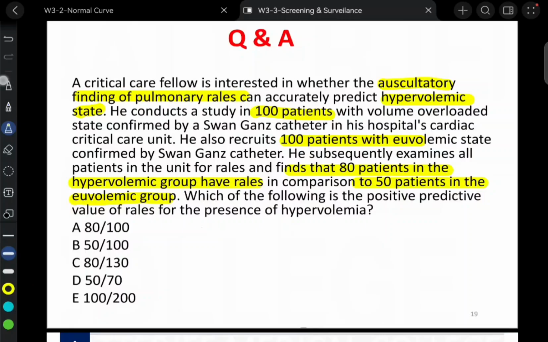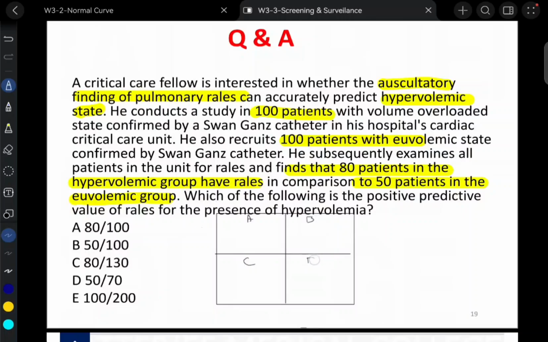Okay, let's see. Let's draw this square. The lines A, B, C, D. According to the doctor, we will have our papers, so we could do that during the exam, right? We have 100 over here and 100 over here. That's positive, negative. So that's true positive.